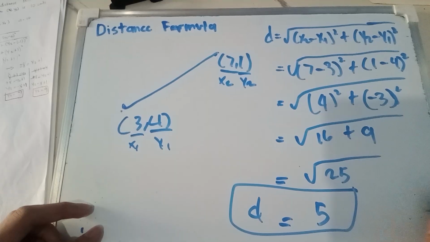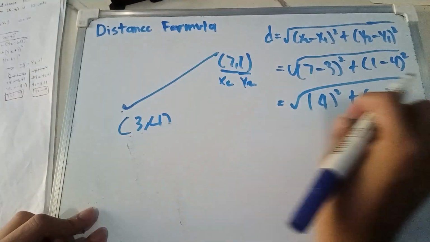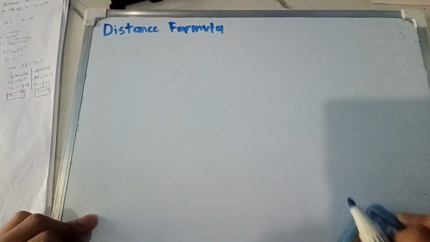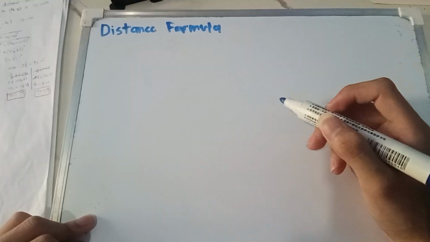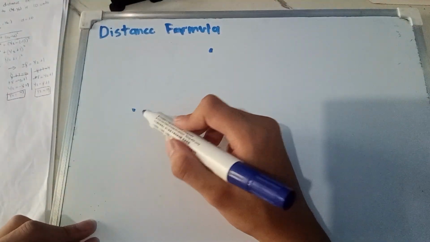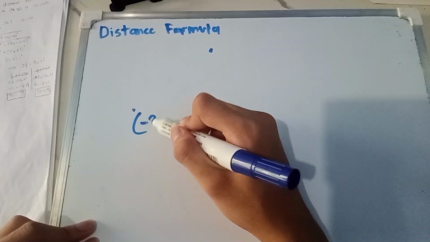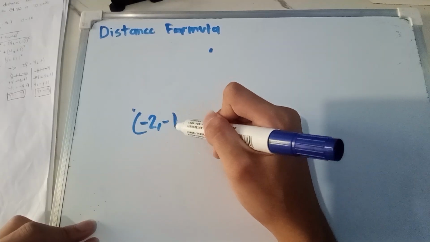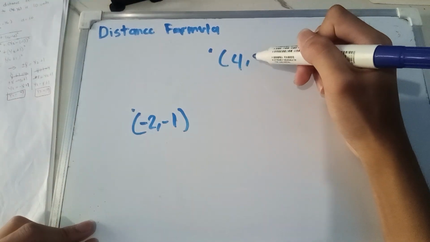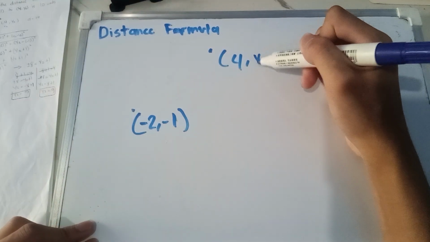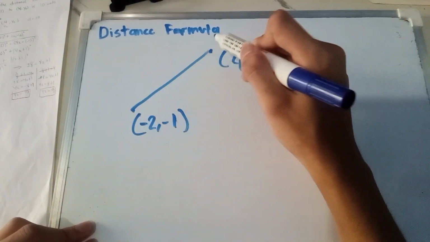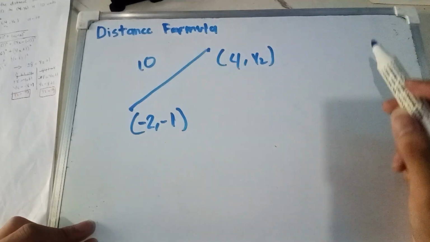Now, let's move to our next example. Let's say that we again have 2 points presented as negative 2 and negative 1, and 4 and an unknown value, or y sub 2. And their distance is given as 10 units.